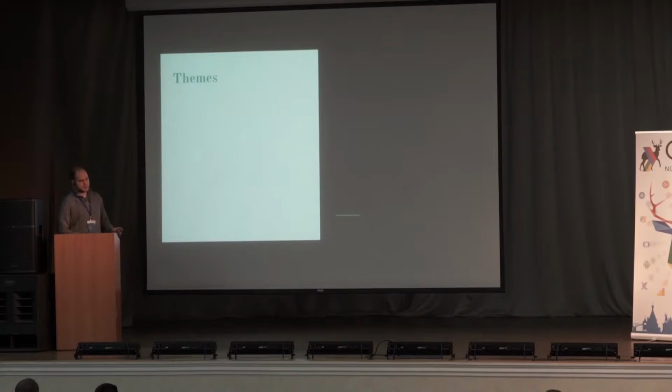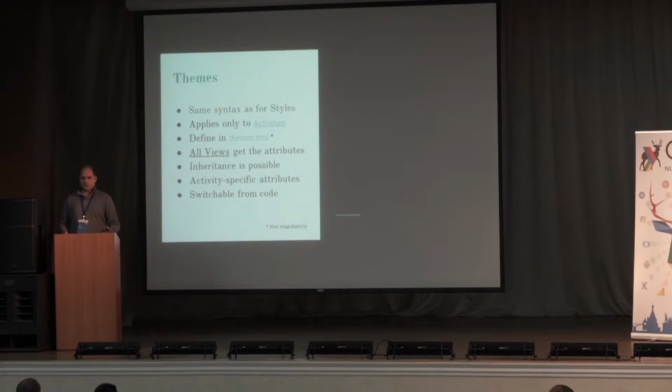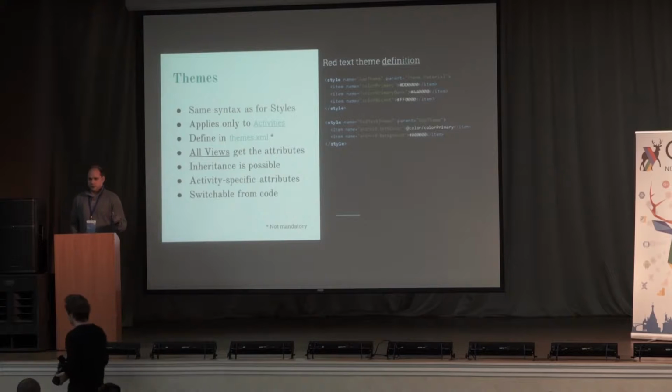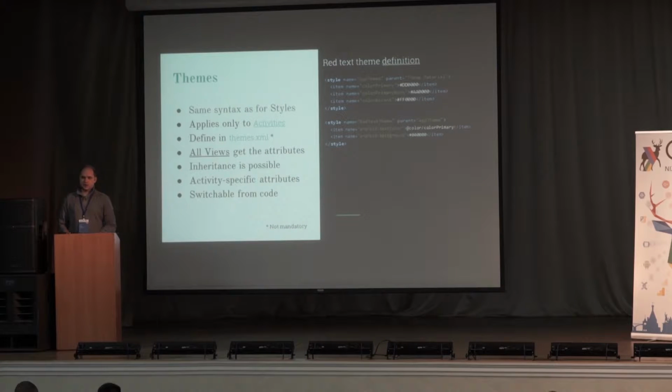Next thing is themes. Themes are targeted to activities of any kind. So it's the same syntax as for styles, but they apply to activities. This means that whenever you place, for example, a text color into an activity theme, that text color gets applied to every TextView in your activity.